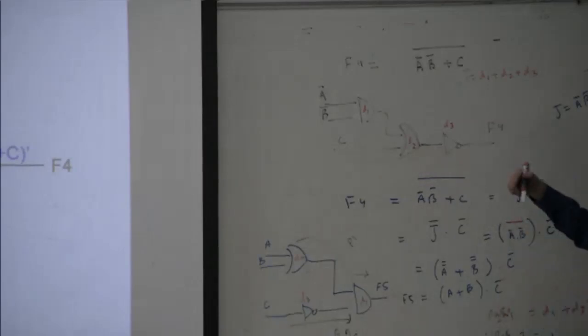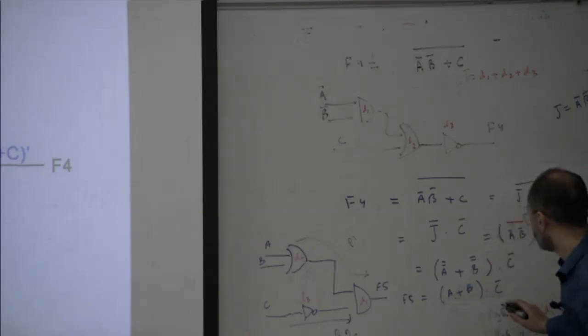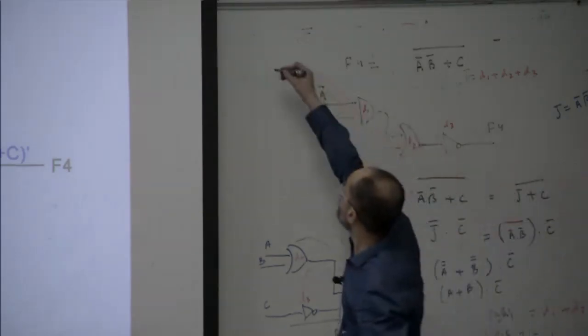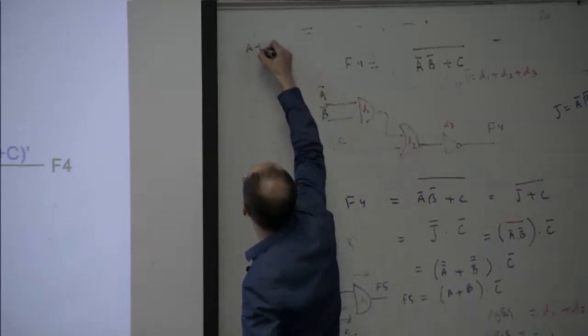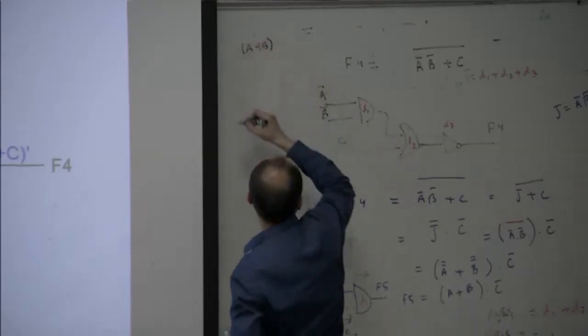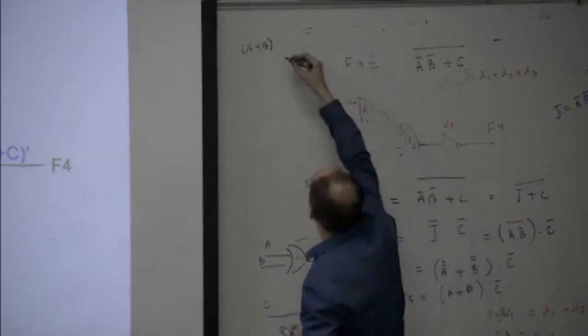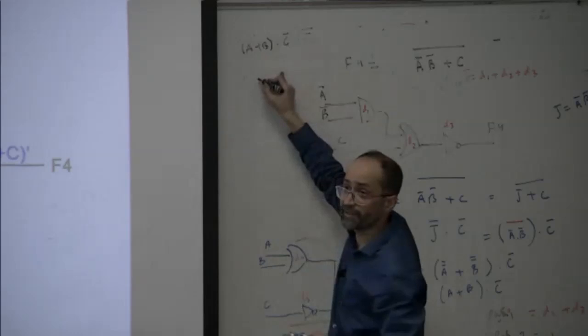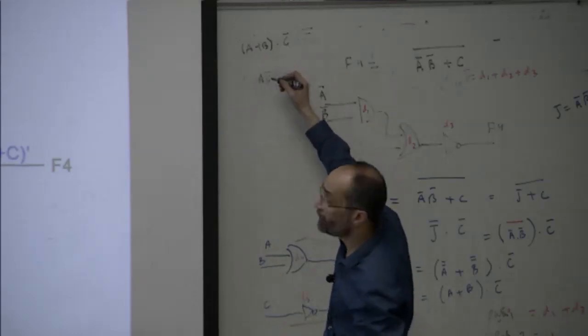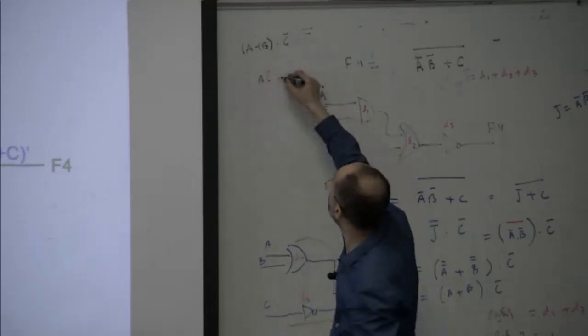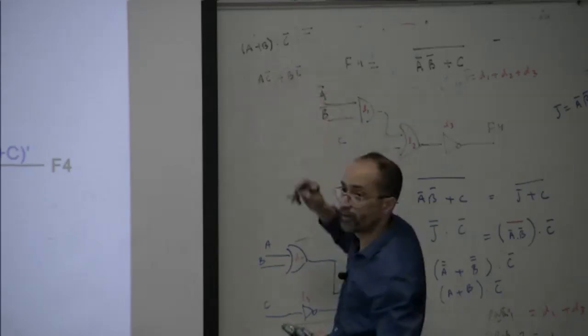Okay, now we have another implementation. We can also derive this expression. A plus B is F4, and this is F5: A plus B, dot C bar. Can we write it like this? A C bar plus B C bar.